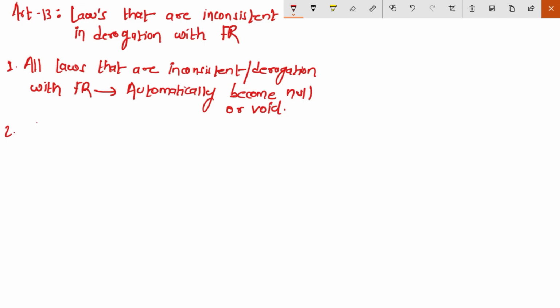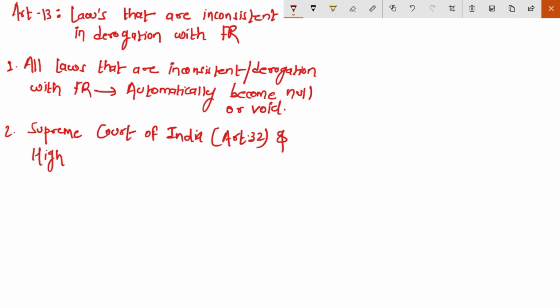The Supreme Court of India under Article 32 and the High Courts of India under Article 226 have the authority to declare any law null or void if they are inconsistent with the fundamental rights. So these are the authorities.